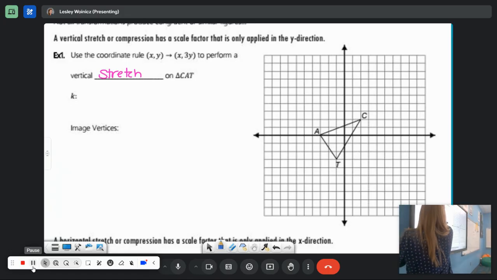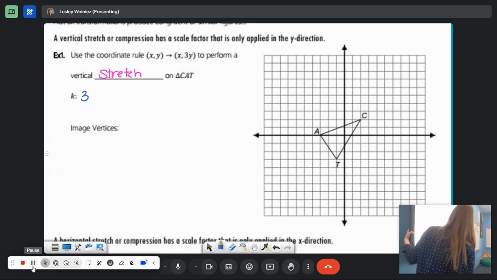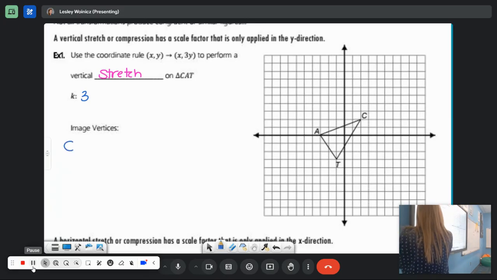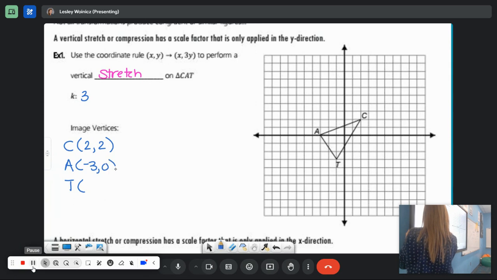All right, our k is 3. So our vertices for cat, what's our coordinates for C? 2, 2? Okay, what about A? T?